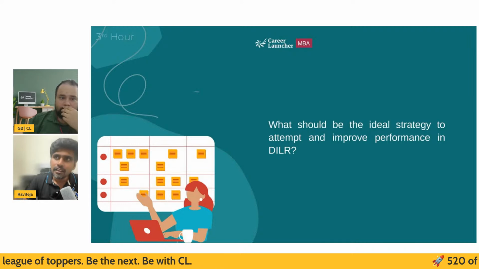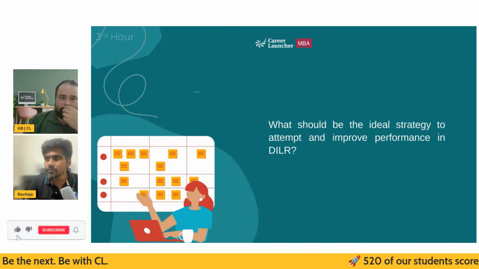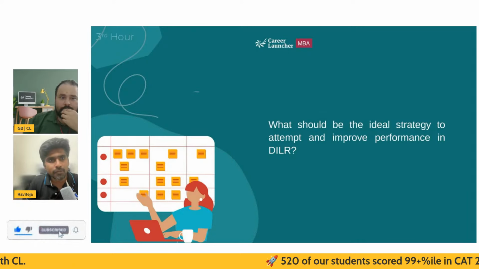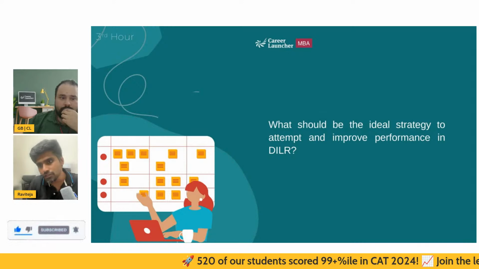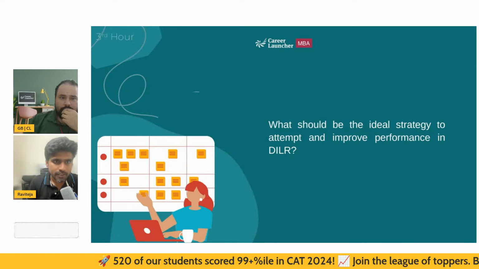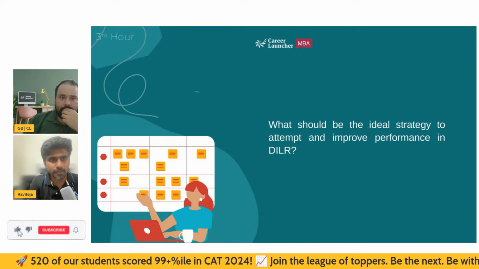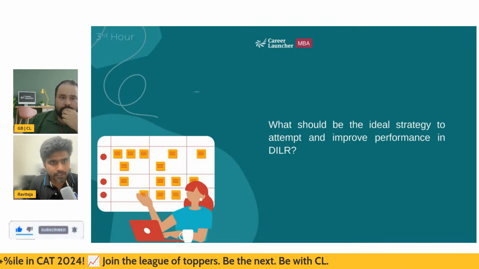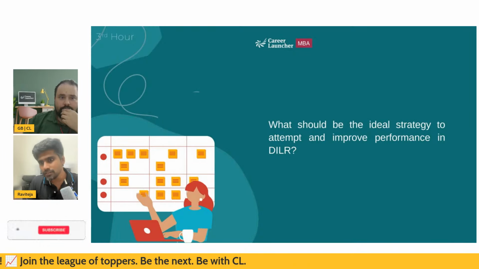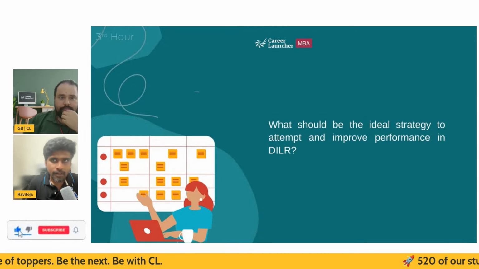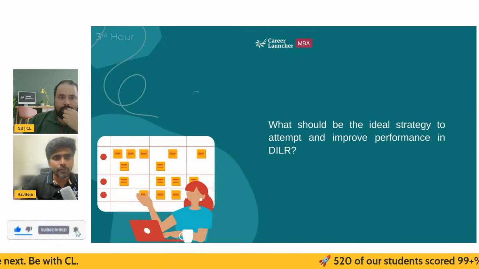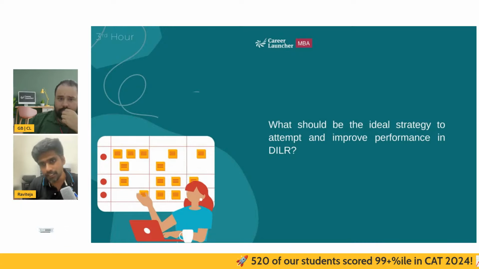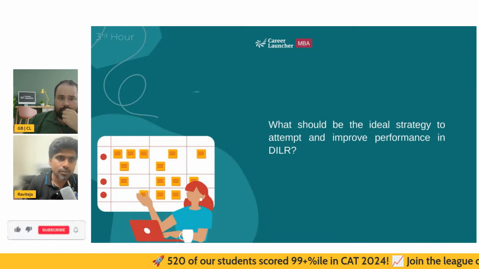So there have been mocks which have been tougher. There have also been mocks which have been easier, right? If you look at the last mock or the one before that, I think all 4 or 5 sets were manageable in some nature, right? In Quant, maybe there have been extremely difficult papers. There have been extremely easy papers also, because CAT has no certain level to it.